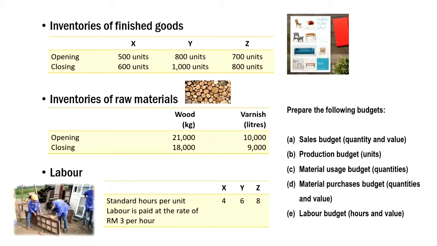So the opening inventory of wood is 21,000 kilograms of wood and 10,000 liters of varnish. This means if you open the account on 1st January, we have in our store 21,000 kilograms of wood and 10,000 liters of varnish. And when we close the account, we have 18,000 kilograms of wood and 9,000 liters of varnish.